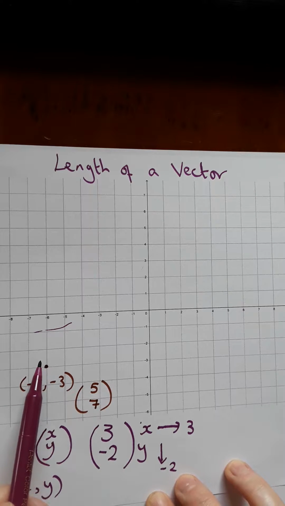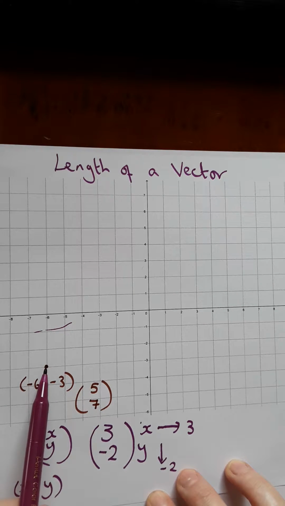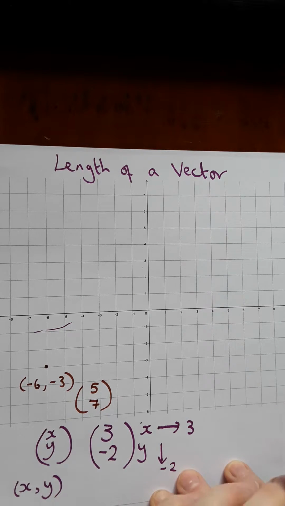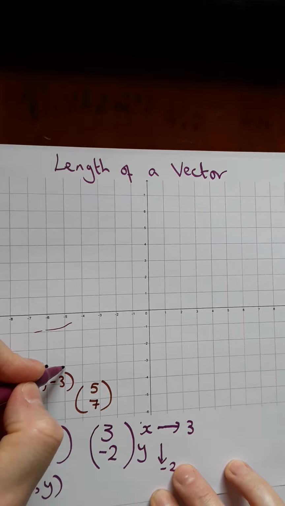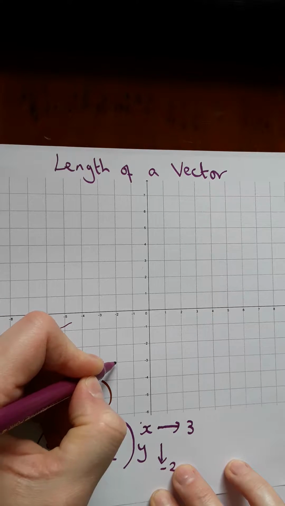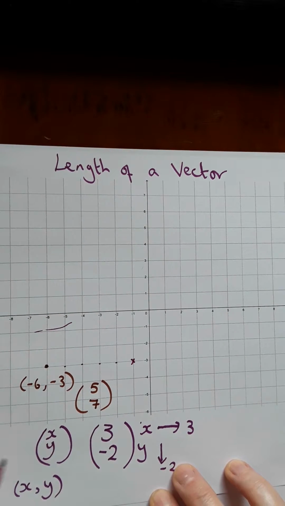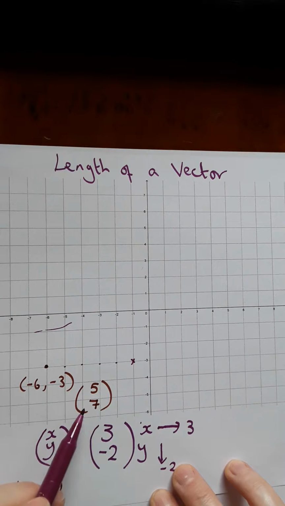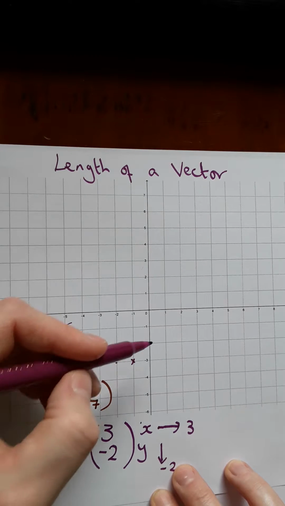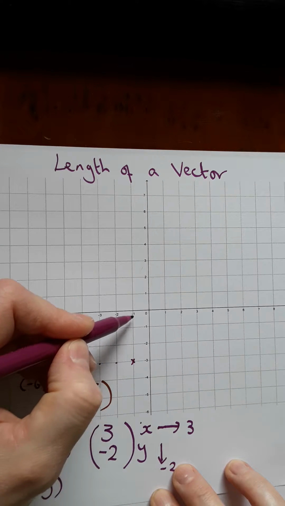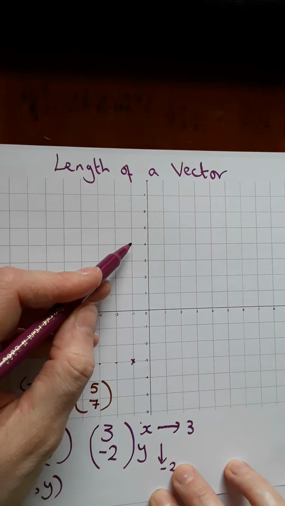So that means that my value is going to go 5 to the right. So it's going to go 1, 2, 3, 4, 5, and it's going to be here so far. And then I'm going to move it up by 7 because that's the positive y direction. So 1, 2, 3, 4, 5, 6, 7.